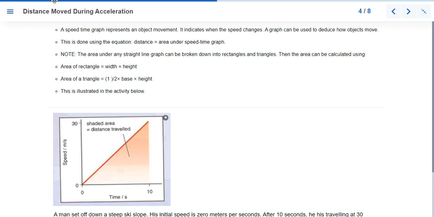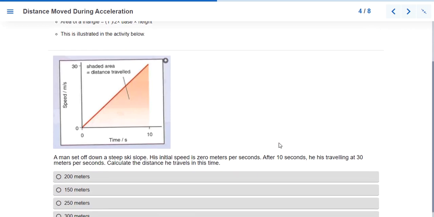We are to note that the area under any straight line graph can be broken down into rectangles and triangles. Then the area can be calculated using the area of a rectangle, which is width, also known as breadth, times height. The area of a triangle is half of the base times the height. This is illustrated in the activity below.